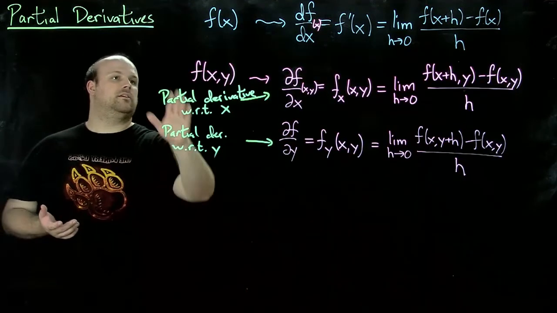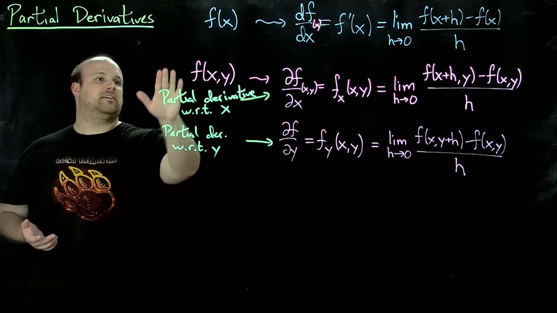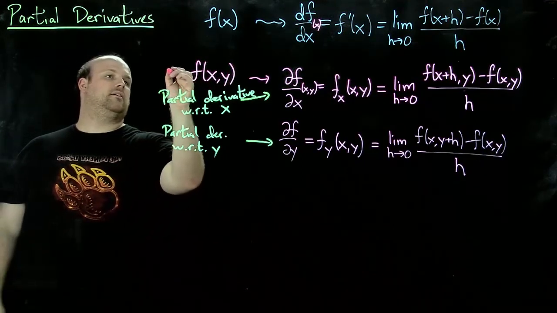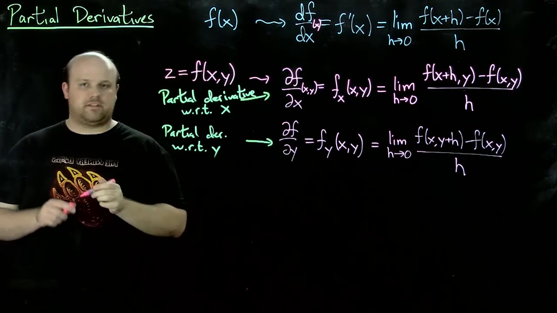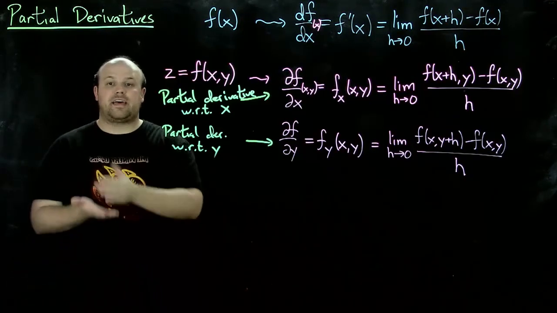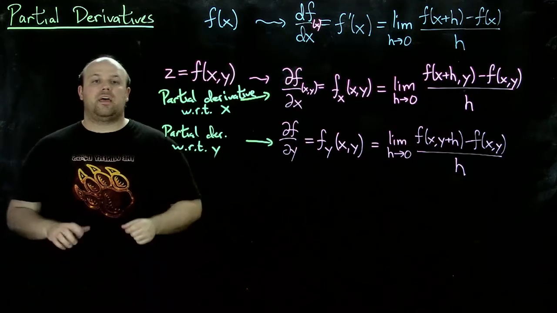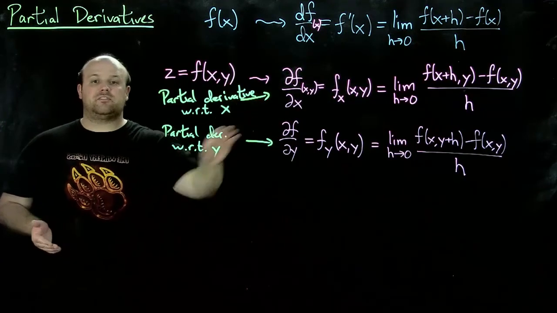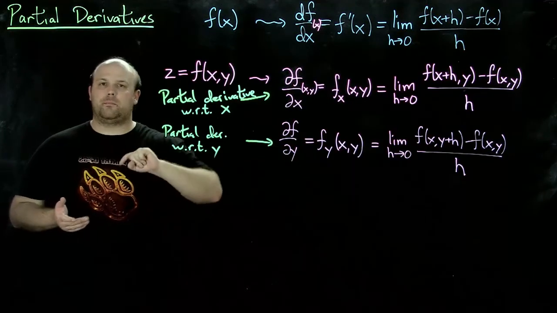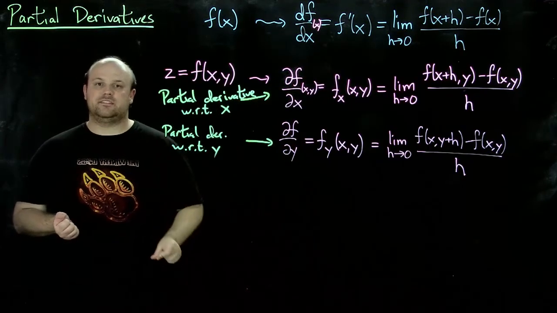So let's stick with just this case here, and let's graph an equation like z equals f of x, y. That'll give us a surface, and then we can see that these derivatives are just the slopes of certain paths on that surface.